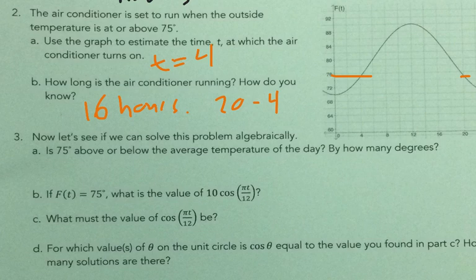It's the midpoint. 80 is the average temp. That's where the midline is. So 75 is above. Sorry, nope, I'm wrong. 75 should be below, right? It's below 80, which is the midline. It's below by 5 degrees.